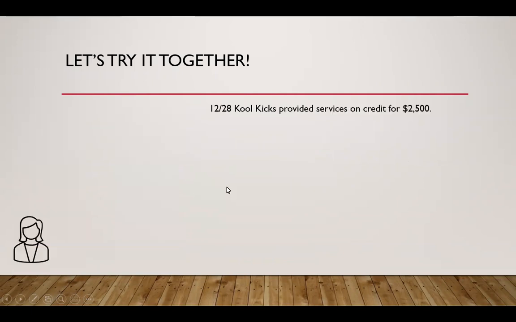All right, let's look at one more transaction. On December 28th, we have Cool Kicks providing services on credit for $2,500. Now we are making the assumption that this company is in the business of providing some type of service to its customers. So when we provide services, we are earning money.